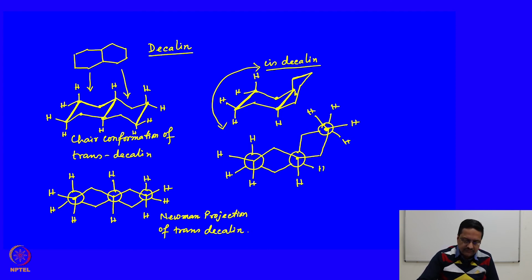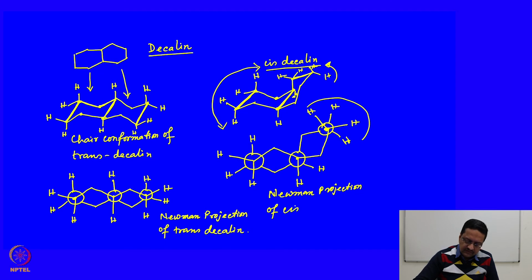And here we have one hydrogen, which is that one. So, the four hydrogens that we have shown here are hydrogens which are present on that side. These four hydrogens are those four hydrogens at the back. So, this is the Newman projection of cis decalin.